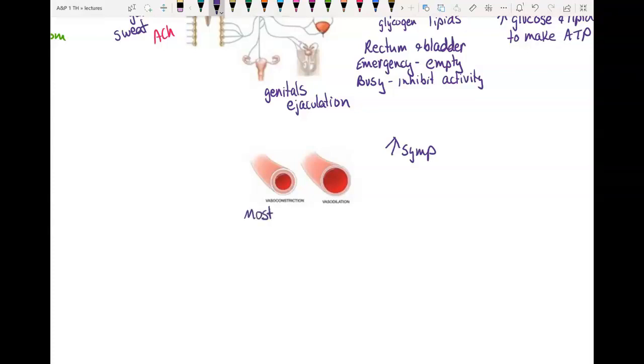The only ones that dilate are the blood vessels in your skeletal muscle. So if you look at the net effect, you get overall more constriction than dilation.